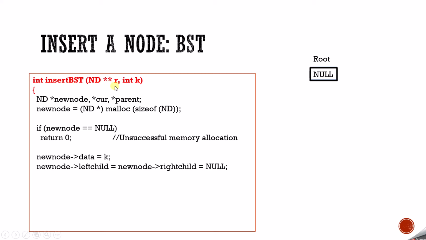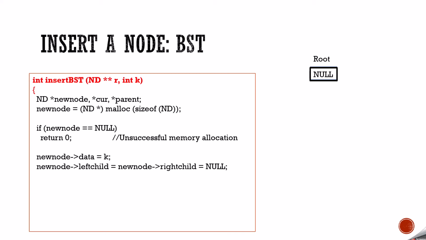So it will take two parameters, as I have said. It's basically taking a double pointer of type ND to hold the address of the pointer which is holding the address of the first node. So here what we are sending is the address of the root, and root does not mean the first element. Root means the pointer which is holding the address of the first node.